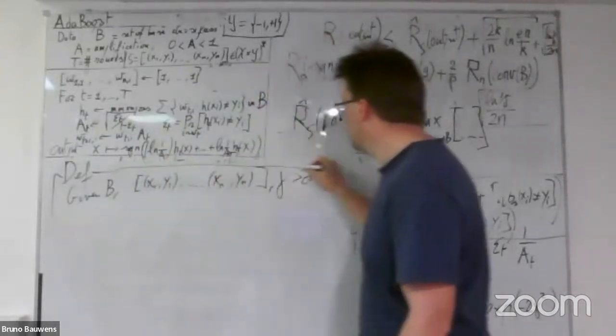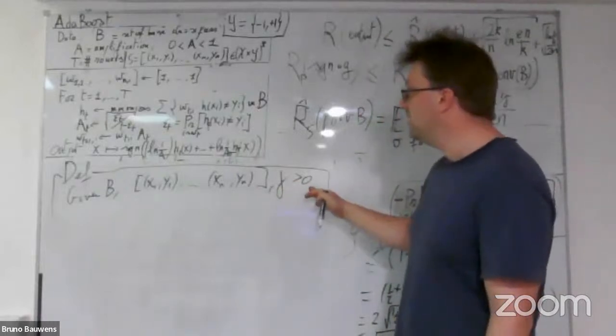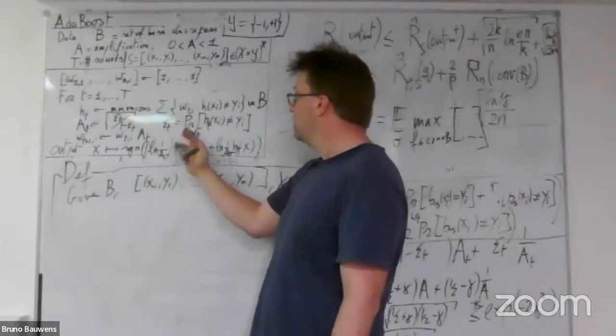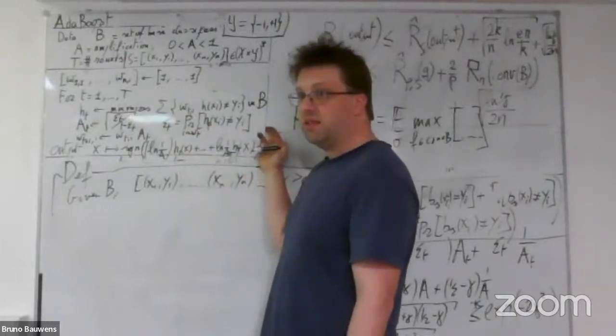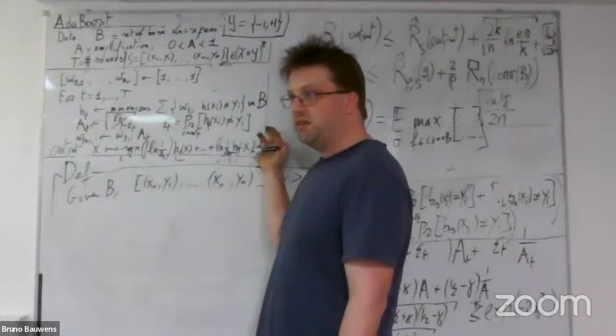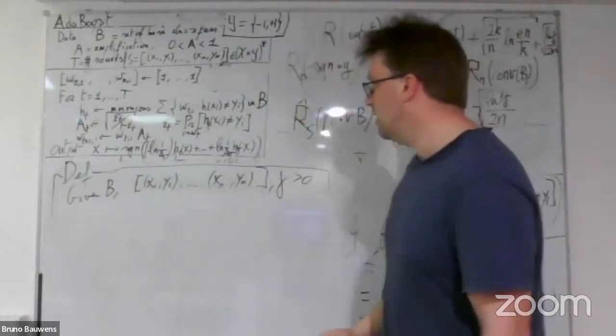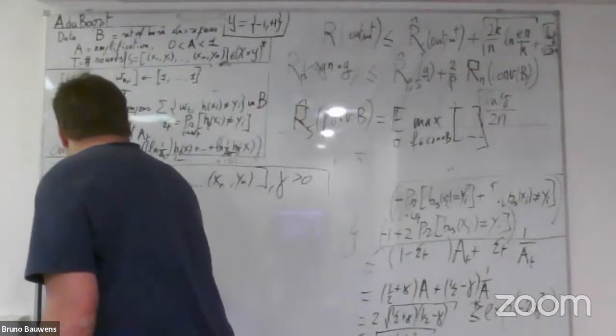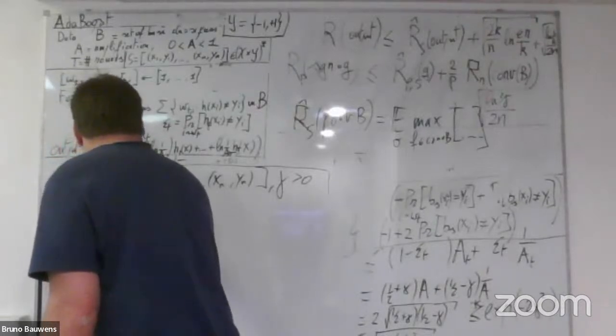And the weak learner for a certain value of gamma means that for every set of weights, you can have error smaller than 1/2 minus gamma. Natural thing, right? So this is the gamma weak learning condition, or hypothesis.